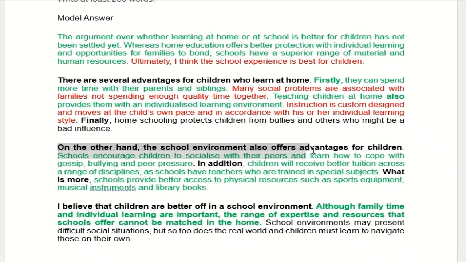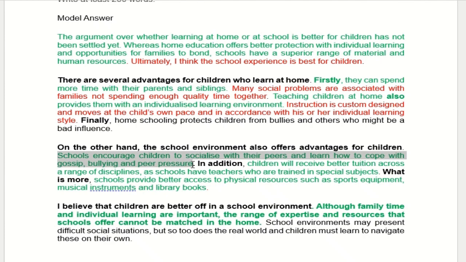It says, once again, the school environment offers advantages for children. And then, what is the first advantage? Look at it. It says schools encourage children to socialize with their peers and learn how to cope with gossip, bullying, and peer pressure. That's the first reason.